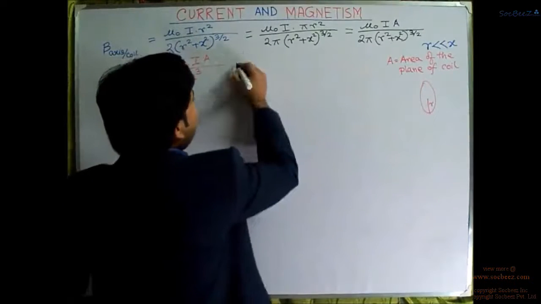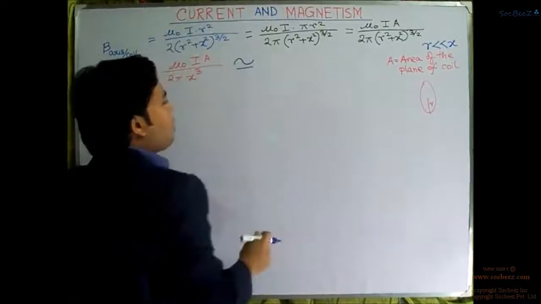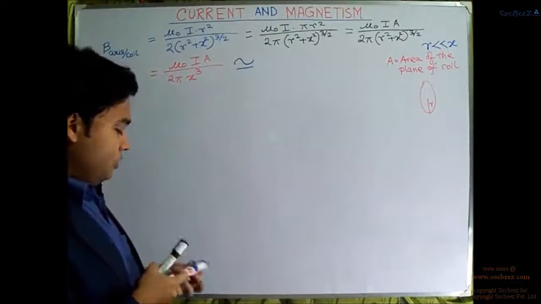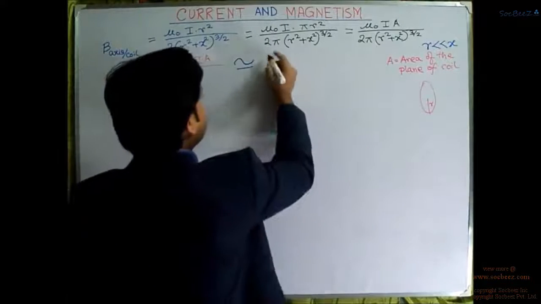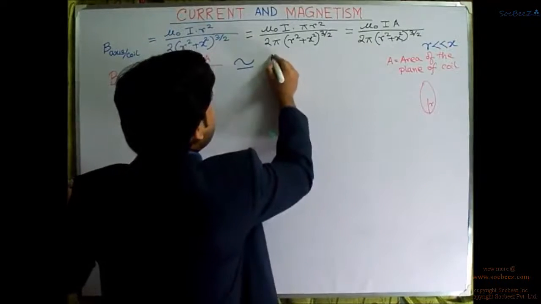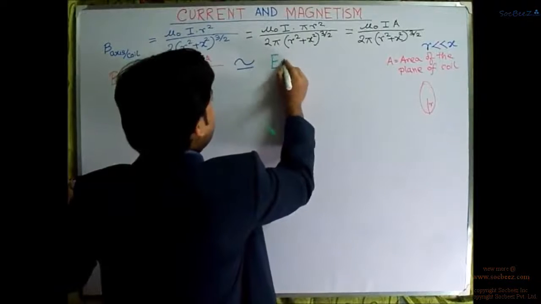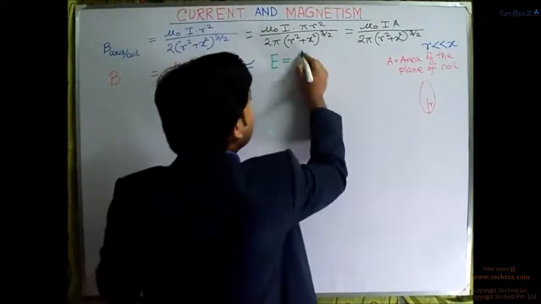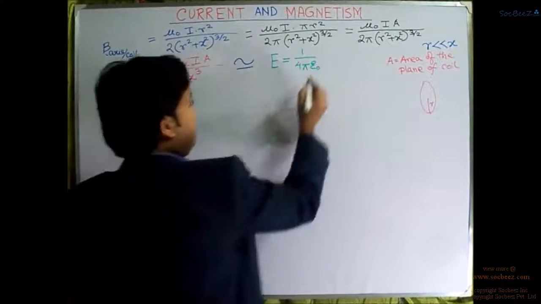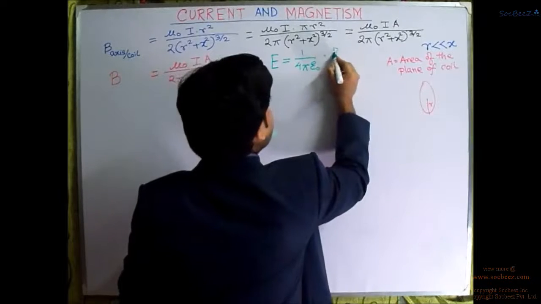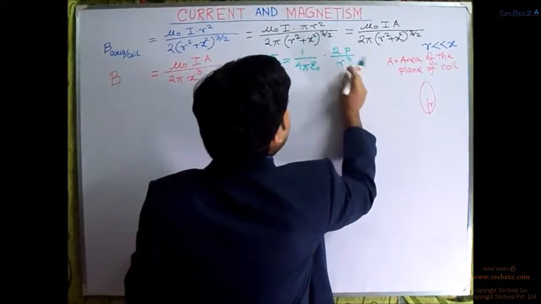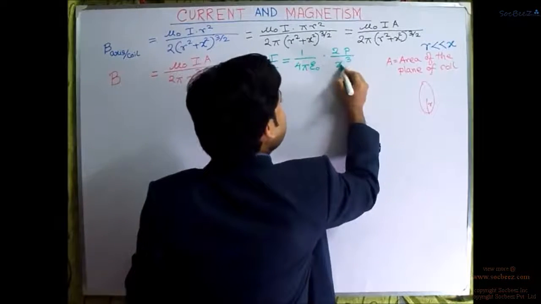By comparing with the equation of the electric field, we can say that the electric field that was found was E equals 1 divided by 4 pi epsilon naught multiplied by 2p divided by r cube, or we can write it as x cube.